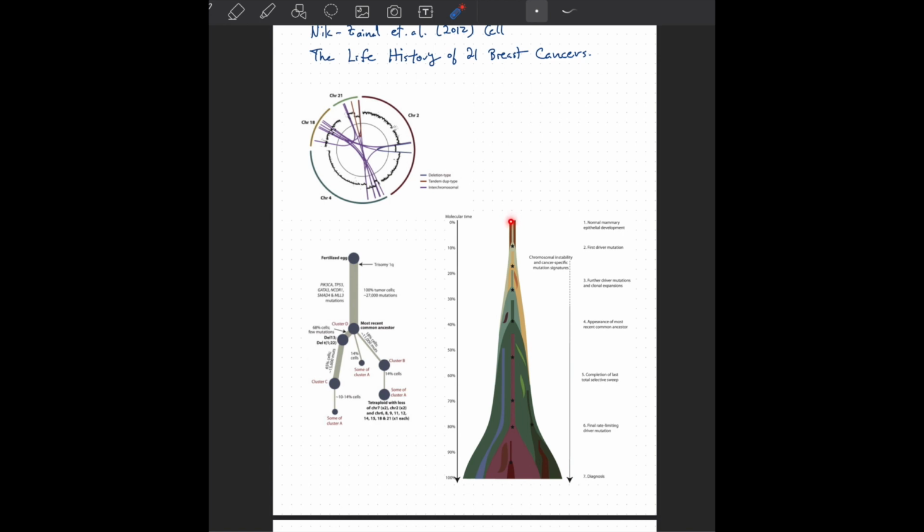There's one cell that has some kind of event, whether it's environmental or a mistake, or just by chance, or it's genetically prone, for example, to becoming neoplastic. It occurs and starts to expand, and then other events, like this star here, represent other events, for example these kinds of point mutations along here, PIK3CA, TP53, etc.